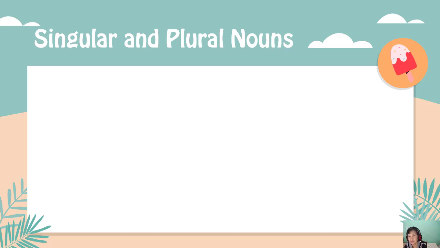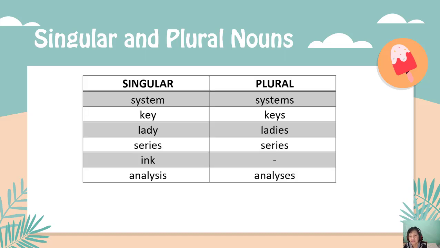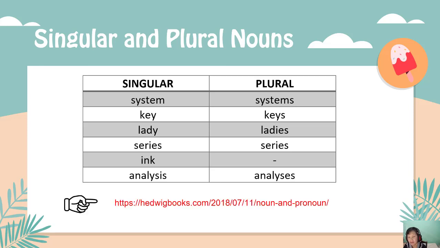So singular and plural nouns means that the nouns have the singular and the plural forms. Let's see the examples. I just give you a few examples. If you want to know more about the other examples, you can find it on my website.